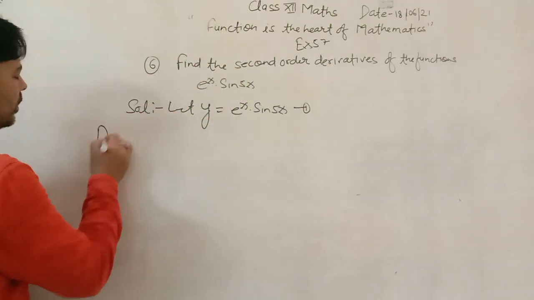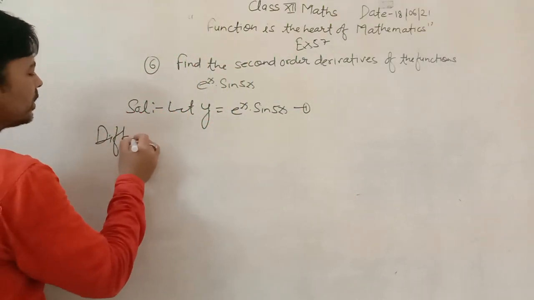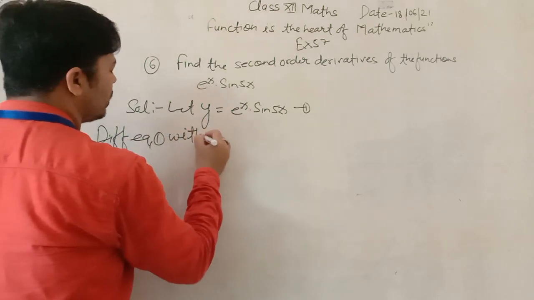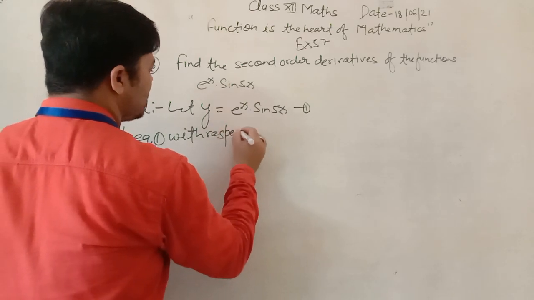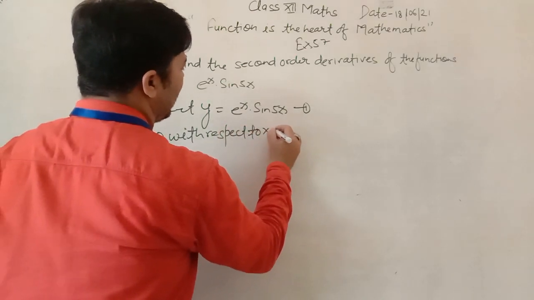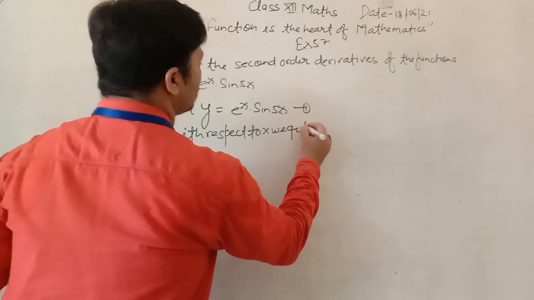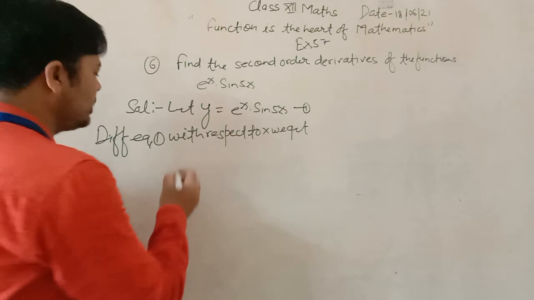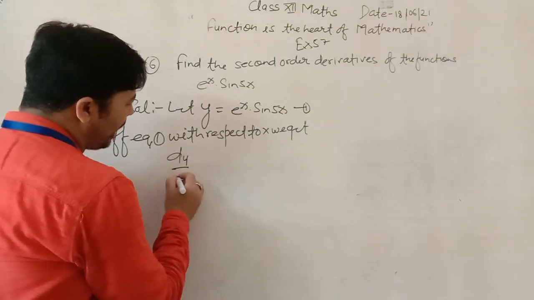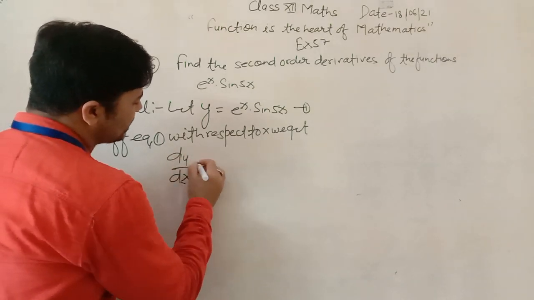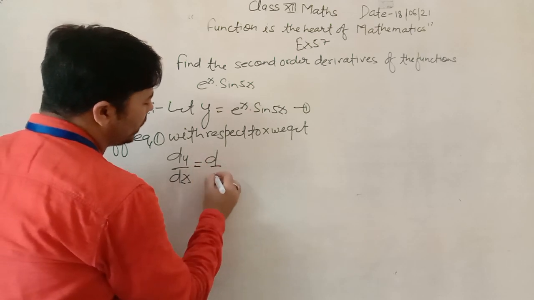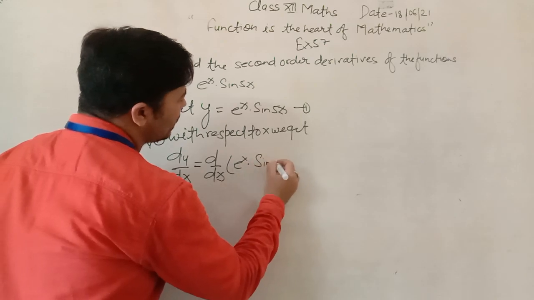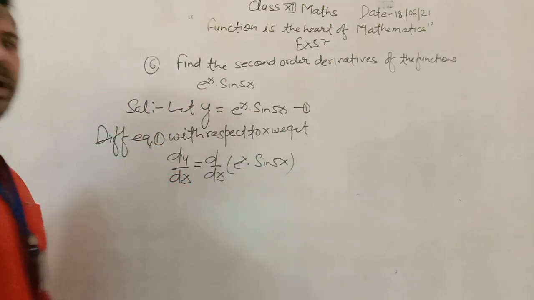Differentiating equation first with respect to x, we get dy upon dx is equal to d by dx of e to the power x into sine 5x.